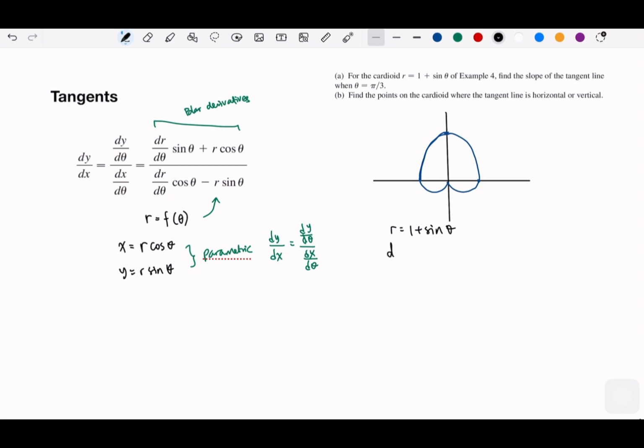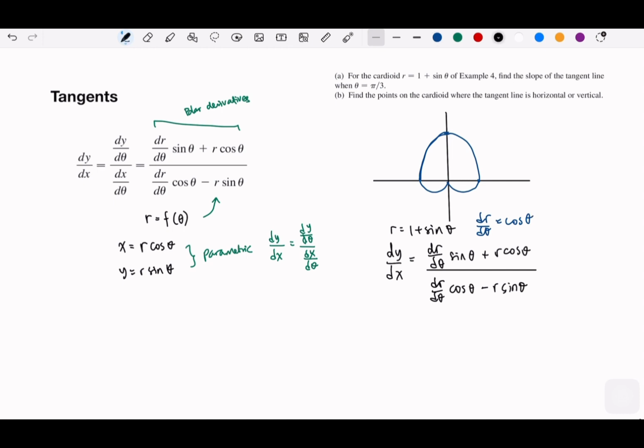So you could do it this way. You can write dr d theta sine theta plus r cosine theta. And we can write dr d theta here as just cosine theta.